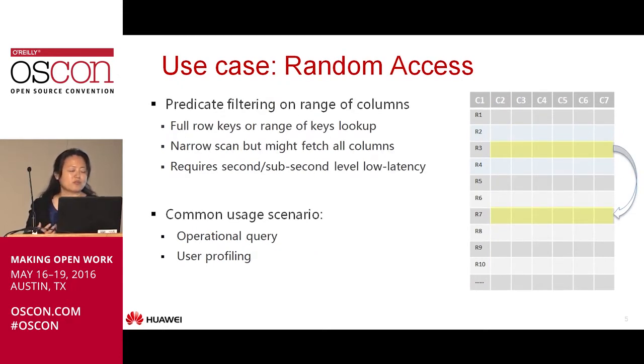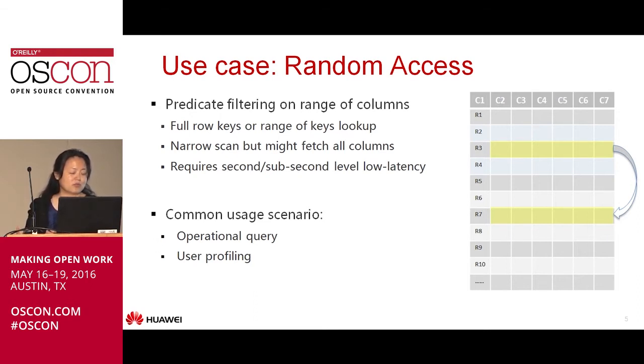The third use case we'd like to share is random access. What we mean is that it involves selective filtering on a range of columns. It might be a full row key, like a primary key filtering, or a range of keys, or a combination of keys. It's generally a narrow scan, where you only touch a very few rows of the table, but you might fetch all columns.